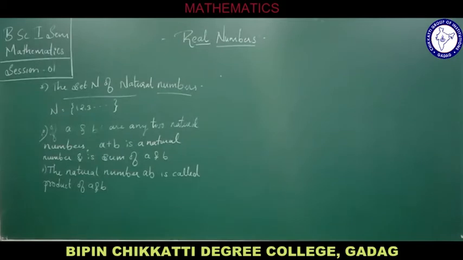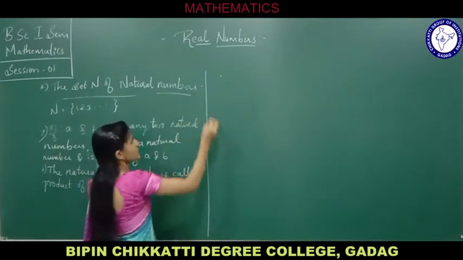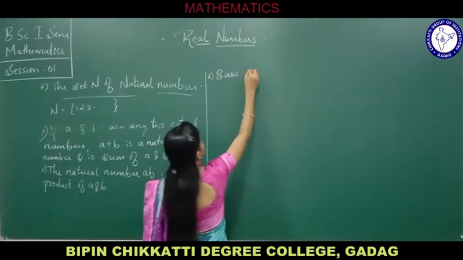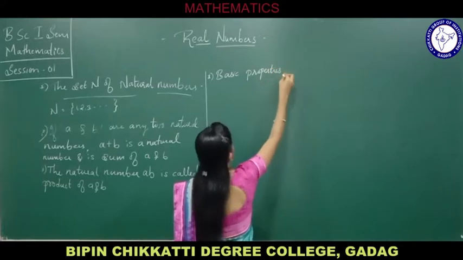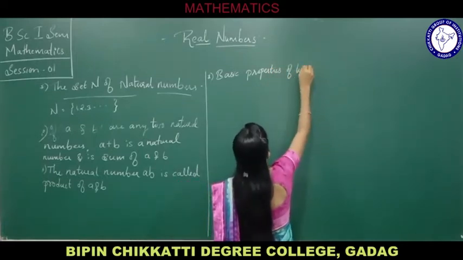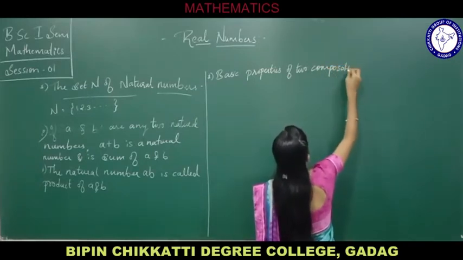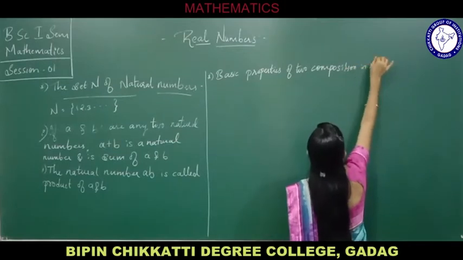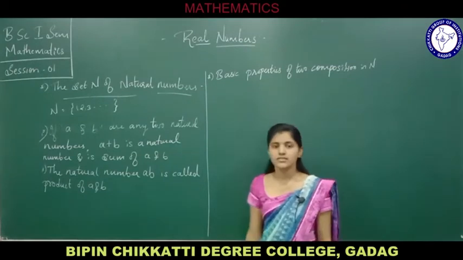Now we are going to study the basic properties of the two compositions in N. N is nothing but the set of natural numbers.